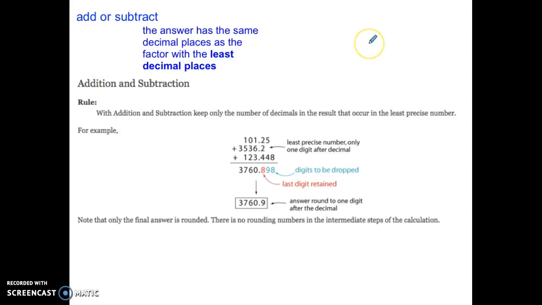When we're adding and subtracting, the answer has the same decimal place as the factor with the least decimal places. So that's the new thing that you're looking at. And when you're doing this kind of work, I recommend that you go vertical. You do the math the old-fashioned way where you stack it all up on each other.